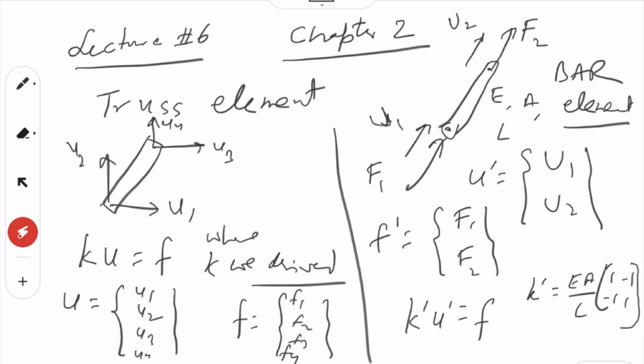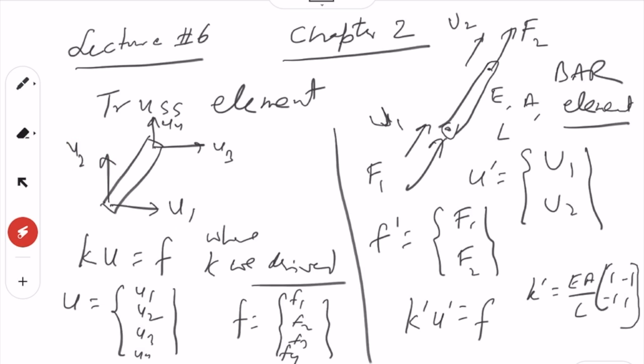Now given the stiffness for this one, is it possible to find out the stiffness for this one, right? So this system where all the displacement or forces are aligned with the bar, here also it can take forces only in the axial direction, but our degrees of freedom have changed. Instead of saying u1, we are now writing in terms of u1 and u2.